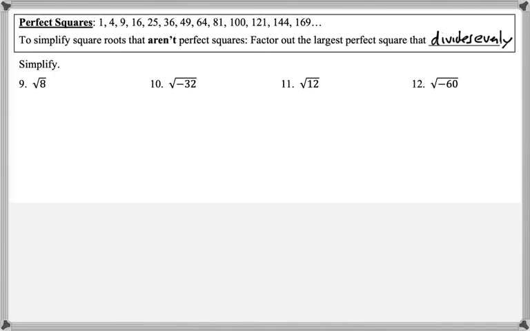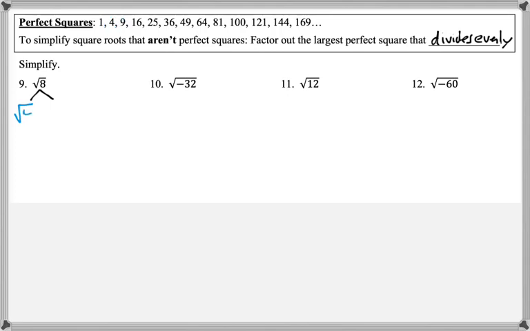So what we want to do is break it up into two radicals. And the first radical is the largest perfect square that divides evenly into 8. So 1 divides into 8, 4 divides into 8, and 9 is too big.